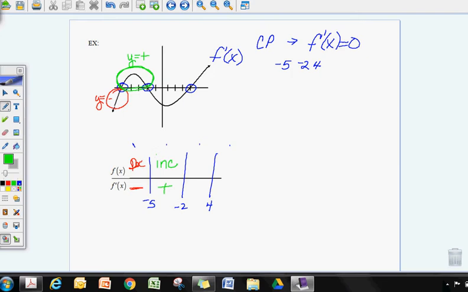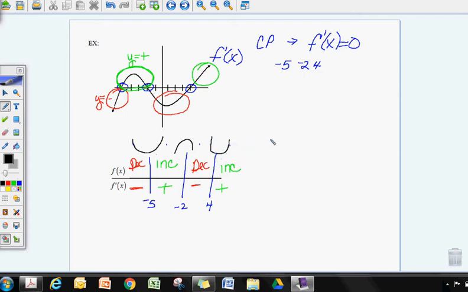Change colors again. I'm almost out of colors. Oh, I went back to red, sorry. Look at this region. It's below. It is decreasing. To keep with the schematic, this last piece here, it's above. It's increasing.